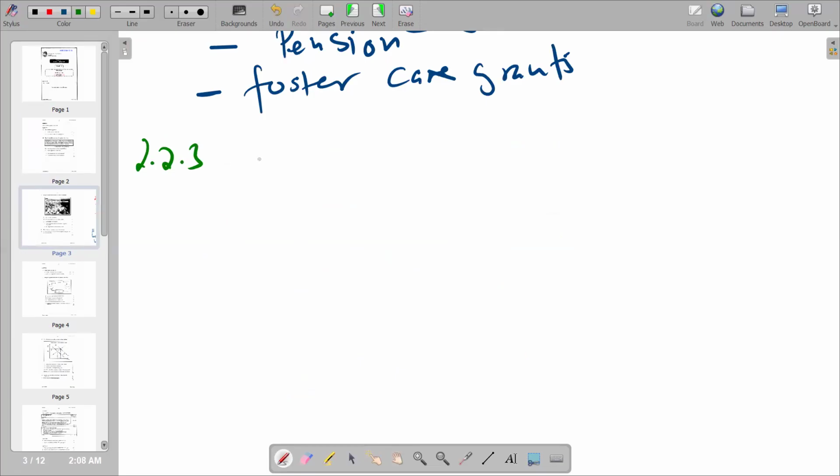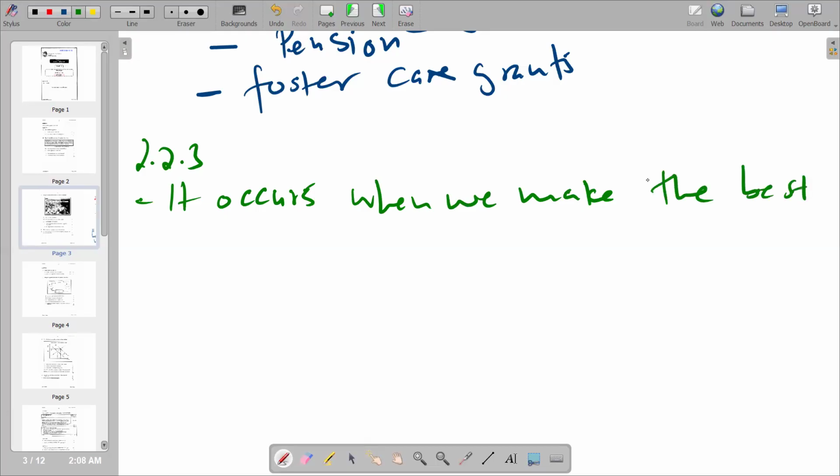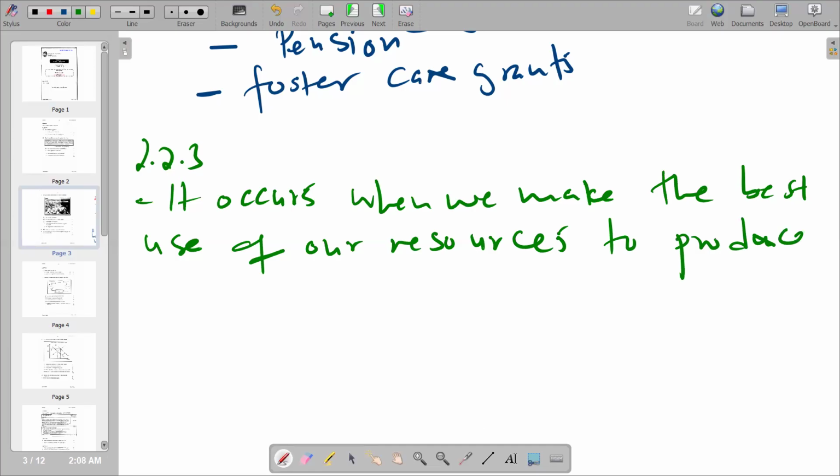Economic efficiency occurs when we make the best use of our resources to produce goods and services. So this becomes the brief description that we have in terms of economic efficiency.